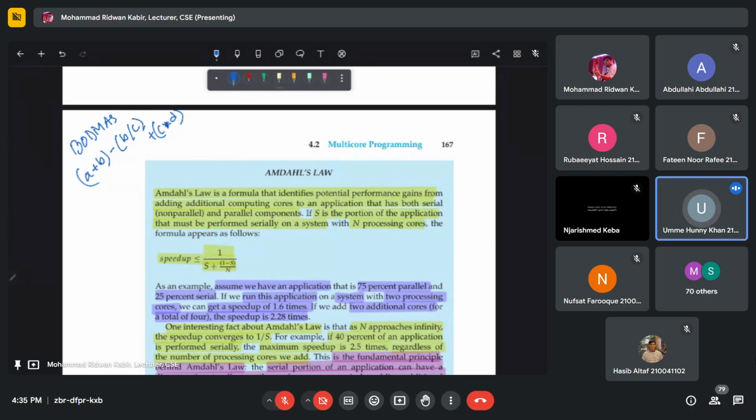A plus B, B by C, and C into D, right? So whatever tasks are there in these brackets, they can be parallel tasks, right? Task parallel 1, task parallel 2, and task parallel 3.